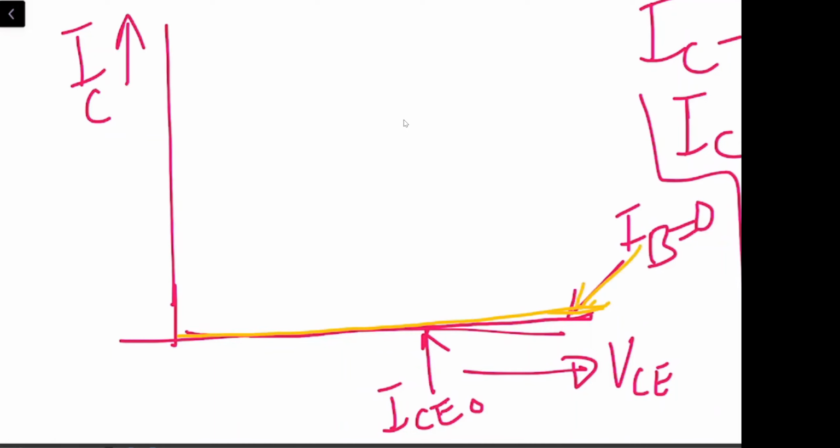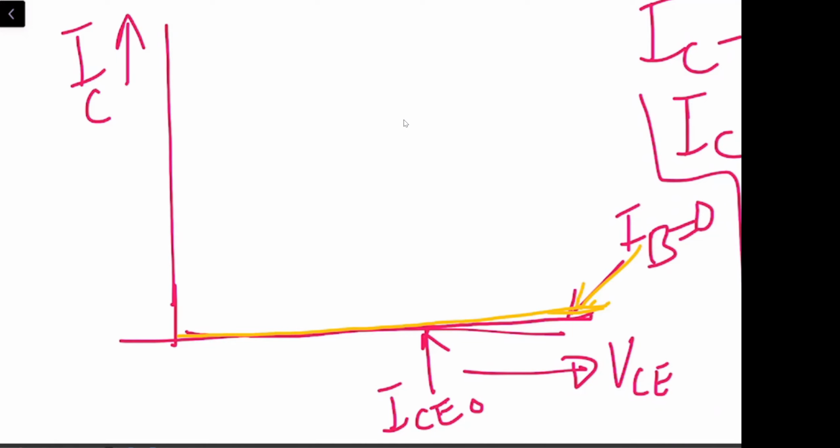So it is just above the horizontal axis, which is represented as the current IC, right? So it is going to be visible on the scale of milliamperes, because it is 250 times the value of ICBO, right?